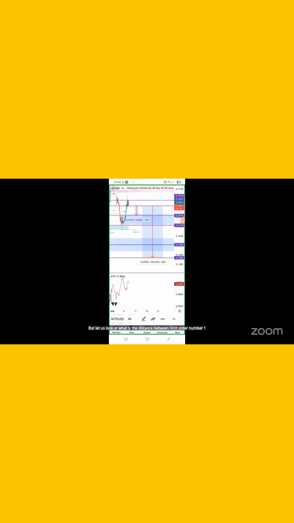This is how professionals do it. You can see from the entry price to limit order number 1, there is just a 5% drop. But let us look at the distance between limit order number 1 and where limit order number 2 is going to be triggered. The distance between limit order number 1 and limit order number 2 is also 5%.